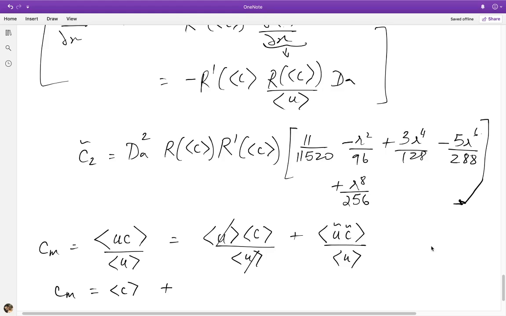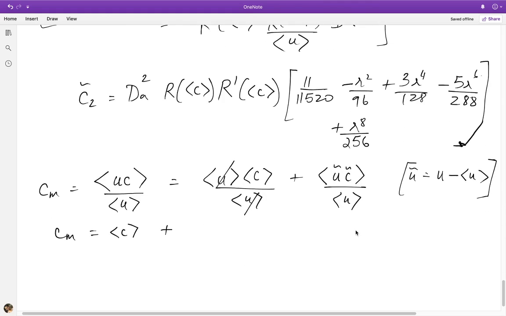So U tilde, of course, is just the U that I know minus this, right? So I can evaluate this from U tilde, subtract it out and get U tilde. And so then I put that in and I evaluate this averaging operator and divide it by U bar, and the result was as follows.